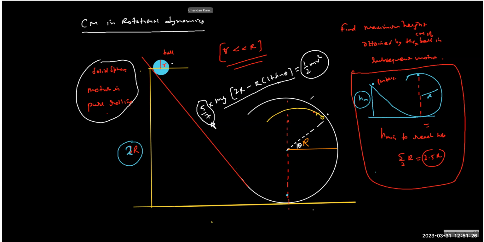Because I do not need that part, I'm removing it by writing this way. When you write the formula, remember this is the rotational and this is the translational fractional contribution: 2/7 is the rotational contribution and 5/7 is the translational contribution. I hope you remember this part.